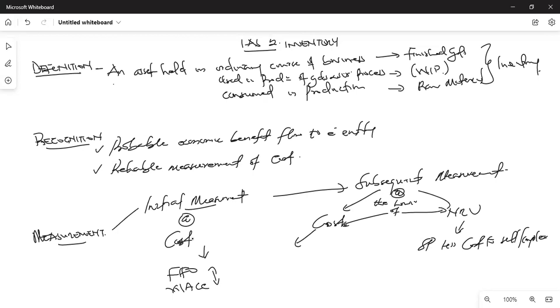Actually, hardly are you allowed to change, and only when it is accepted by the standard and it is a fair representation of what things are. So you can't just go out, this year you use FIFO, next year you use WAC. Bear in mind, most importantly, LIFO is not accepted. It's not accepted. All right.